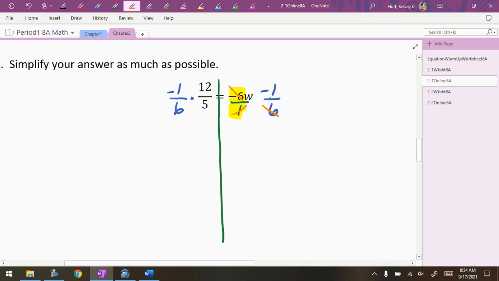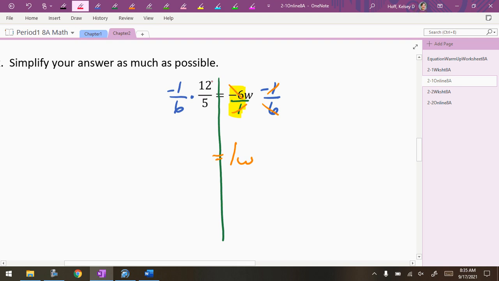These all cross out. Tell me what I should do on the left-hand side. How many times does 6 go into 12? 2 times. So 12 is going to become a 2. How many times does 6 go into 6? Once. Don't forget, you always have to change 1 in the numerator and 1 in the denominator.